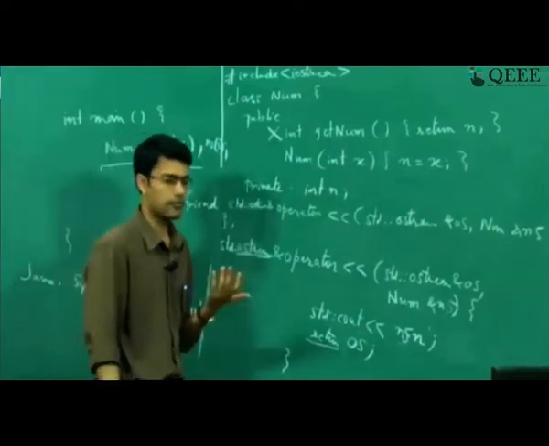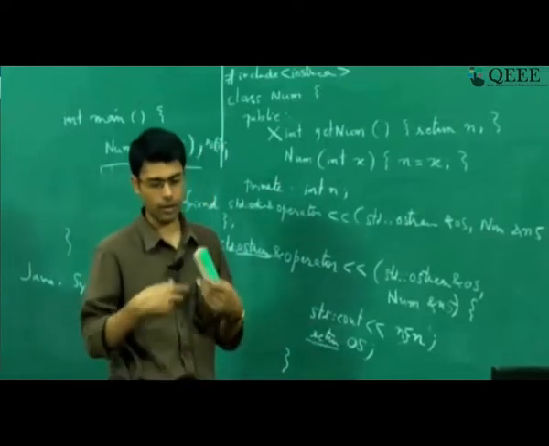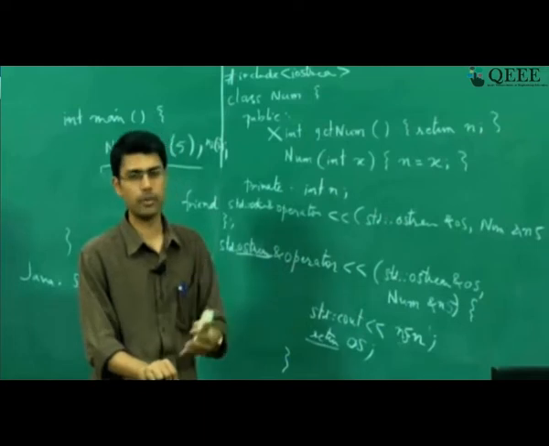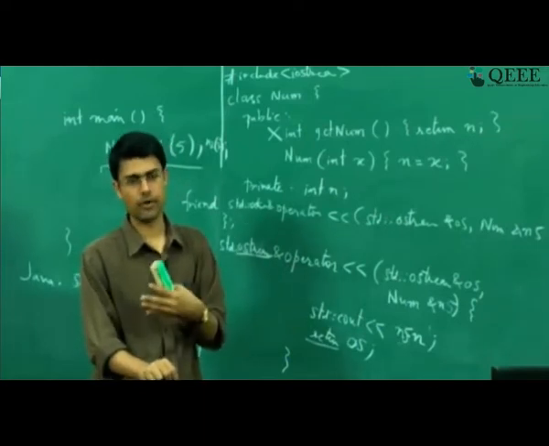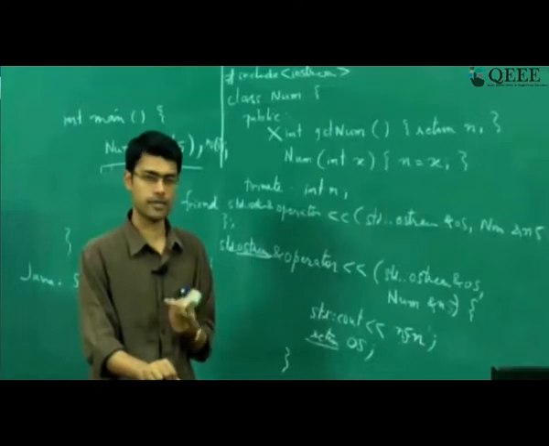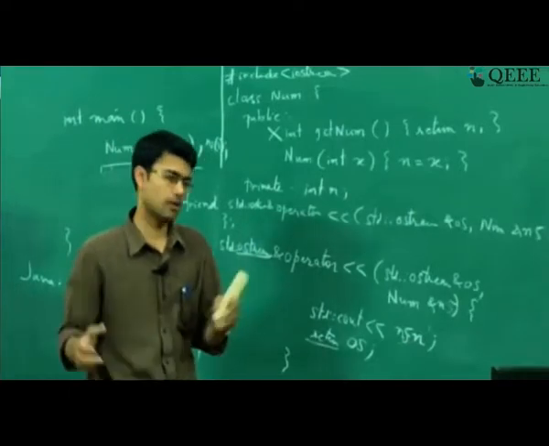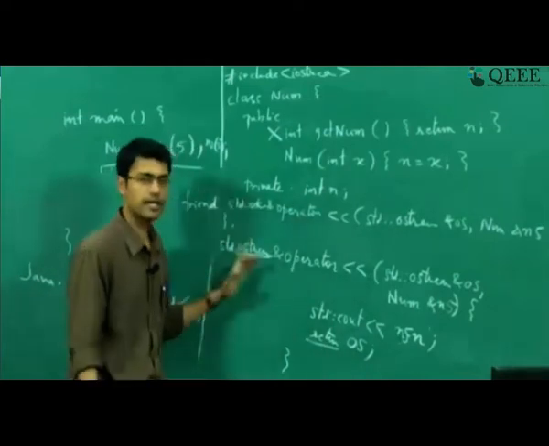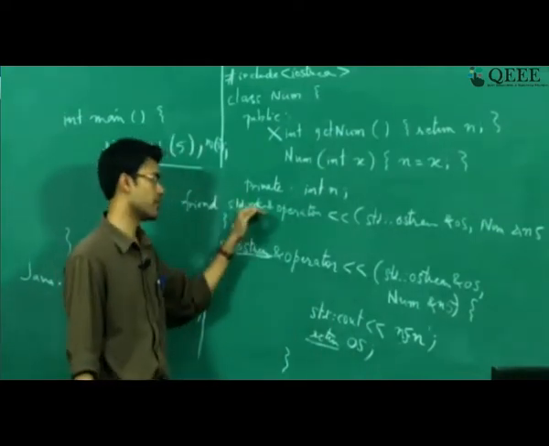In many places, whenever you ask this question, when I want to implement the left shift operator for cout or the right shift operator for cin, the answer is, oh, make it a friend function, right? But you will notice that it is not really necessary to have it as a friend function.